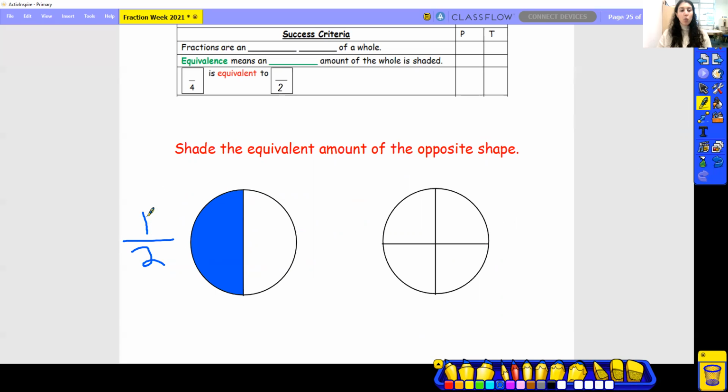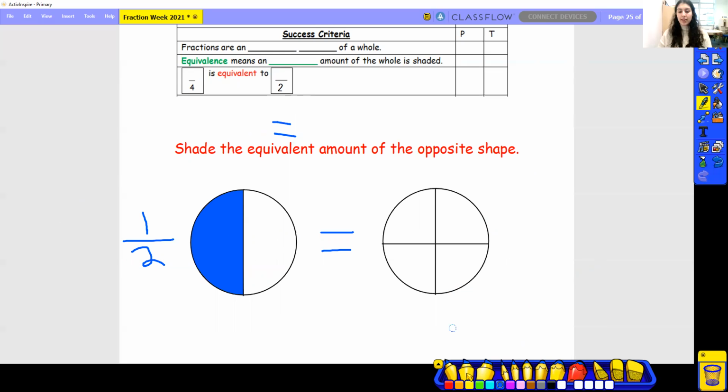So we say that 1/2, well done, 1/2 of this whole is shaded. Now I need to shade some of this shape so that it is equivalent. So remember, 1/2 is equivalent to how many quarters? Great, well done. 2/4 is equivalent to 1/2.